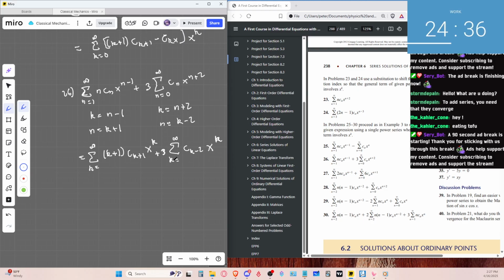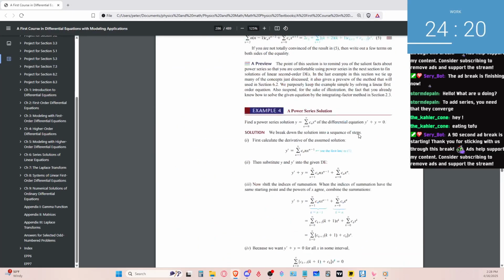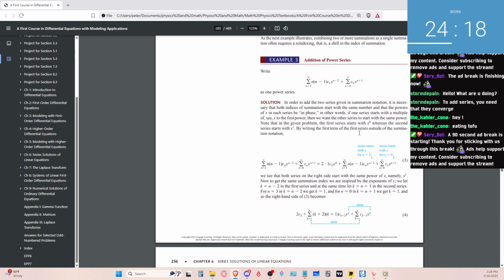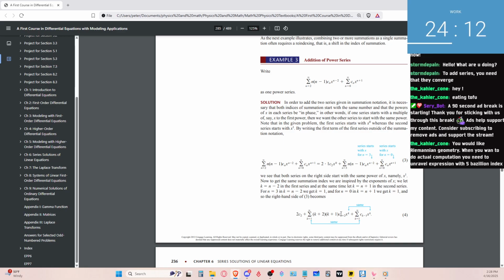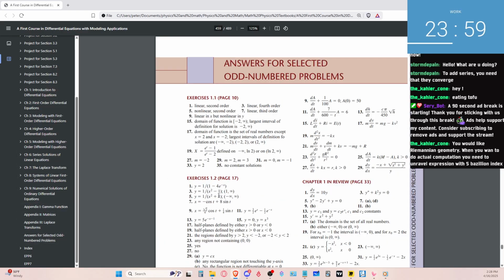So how would this work? Wait. Just expand this. Let's see what the example shows. What was the index with the answer?